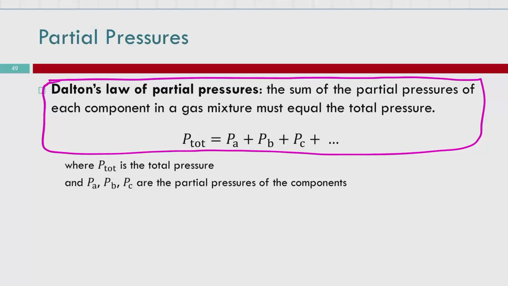So however many components you have. So P sub A, B, and C are partial pressures of components A, B, and C. And you can add more terms if you need to. Usually we'll have 2 or 3, so it's not unnecessarily messy or long.